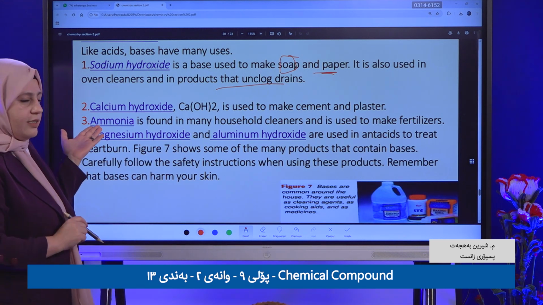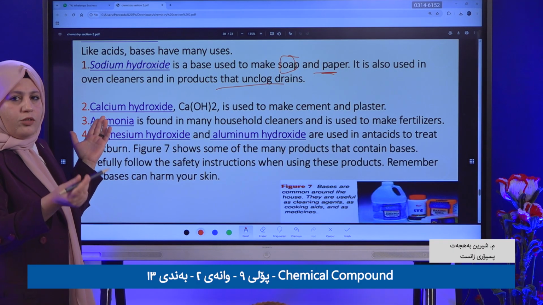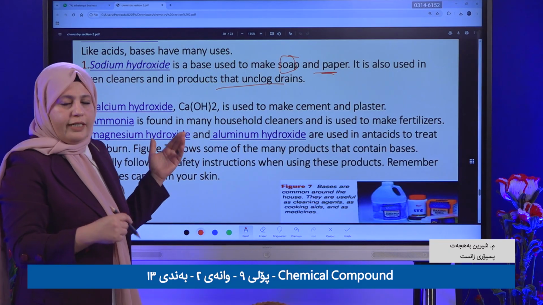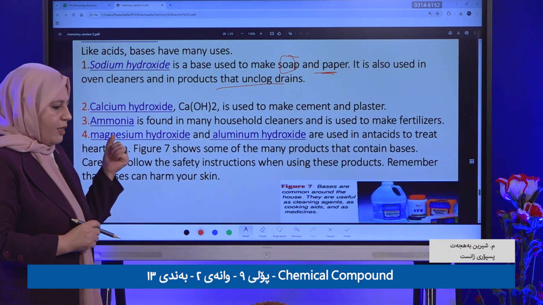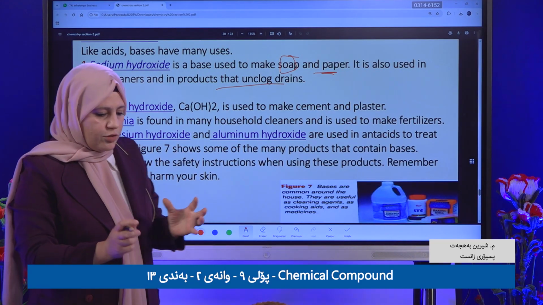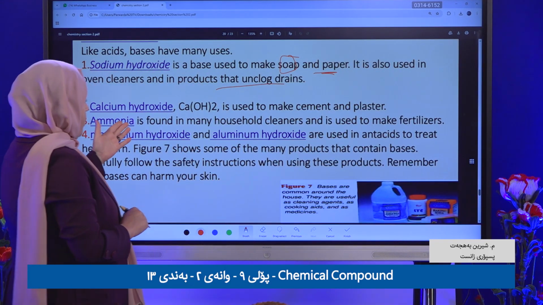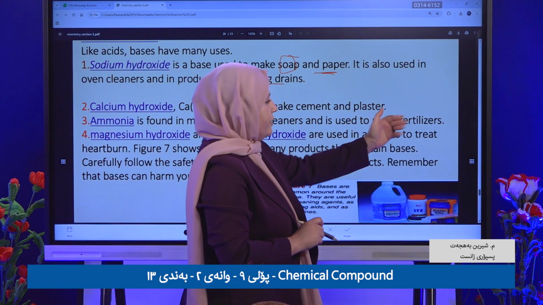Ammonia is a type of base. Does it conduct electrical current? Of course, yes. Why? Because it is an ionic solution. It is found in household cleaners and used to make fertilizer.